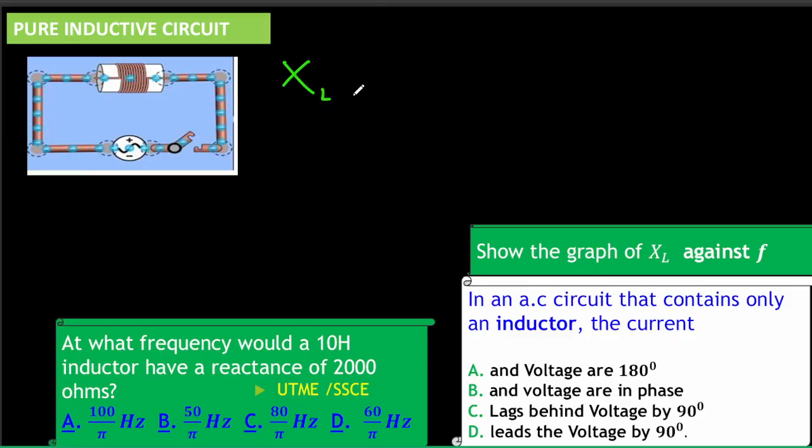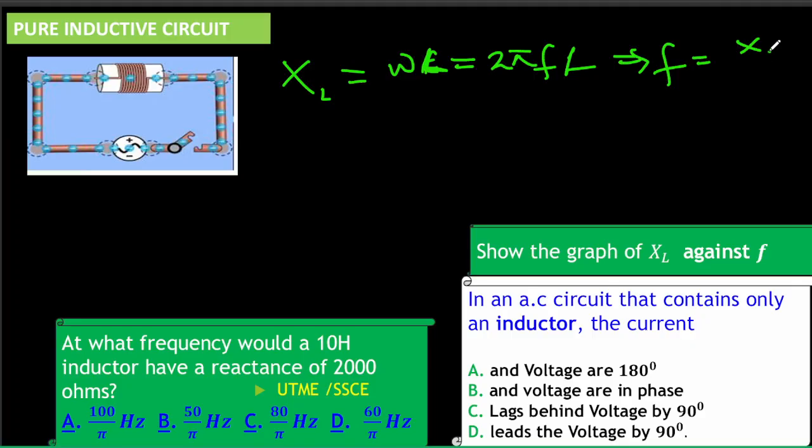Inductive reactance XL is equal to omega L, which in terms of frequency is 2 pi F L. Now we are looking for frequency, so we make F the subject of the formula. F will be equal to XL over 2 pi L.